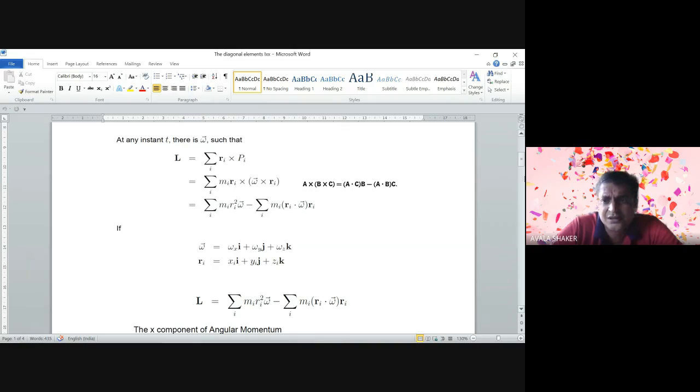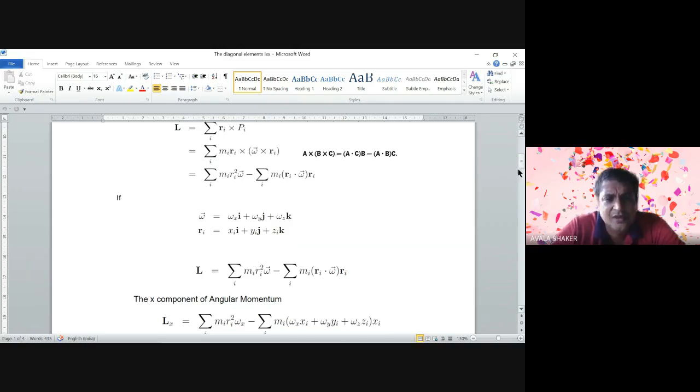Okay. So why I would need this is for writing the moment of inertia tensor. Okay. So we have this, but what is omega? We are dealing in a Cartesian coordinate system, so it will be omega x i plus omega y j plus omega z k, and then ri as xi i, yi j, and zi k.